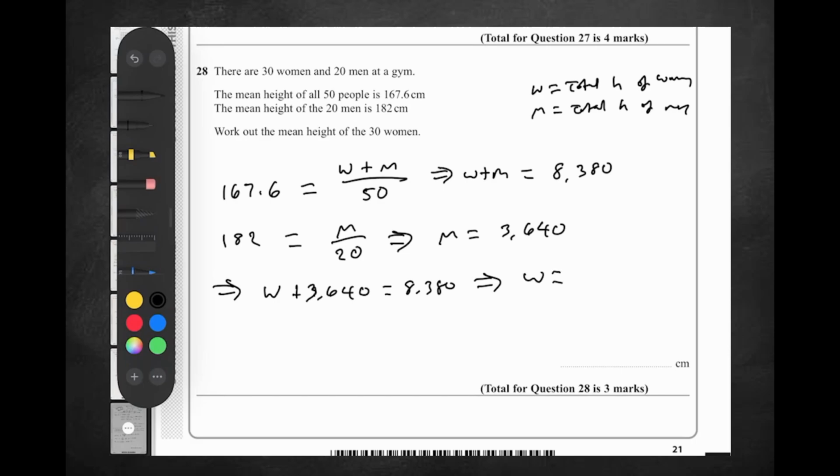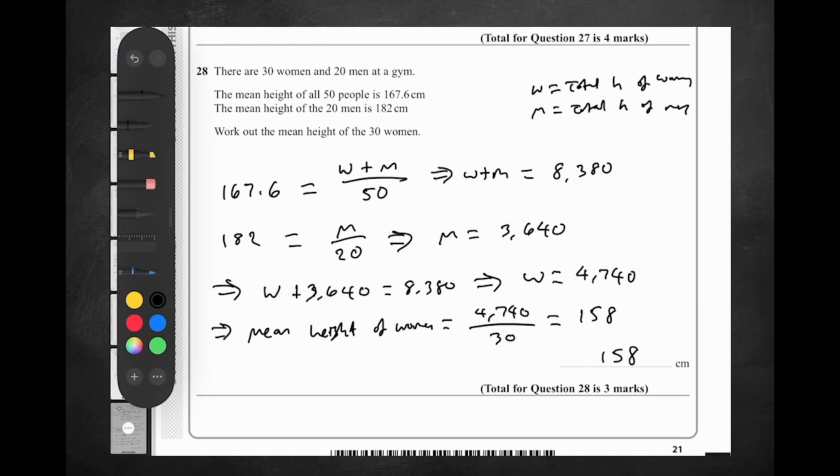So the total height of the women, 8380 minus 3640, is 4740. Therefore, the mean height of the women equals 4740 divided by the number of women, which is 30, and we get 158 centimeters.